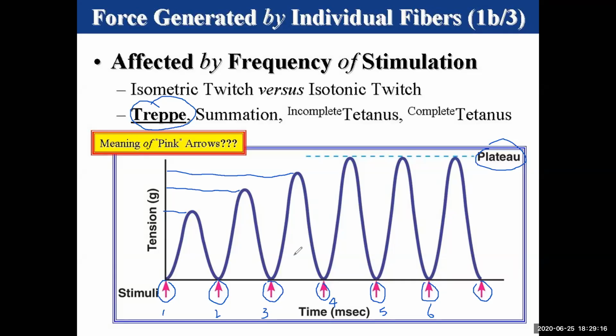So for whatever reason, the cross-bridge formation becomes more effective. The muscle becomes more efficient in generating cross-bridge formation and the force of contraction. But we don't really understand what's going on with these observations, which we call treppe.